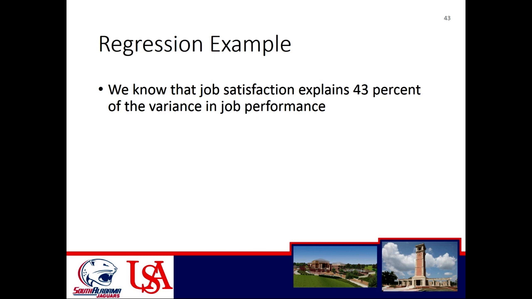So we know that there is a significant relationship between the two. And lastly, you know that job satisfaction explains 43% of the variance in job performance because of our final R-squared value. So those are the main pieces of information you should be able to obtain whenever you do a regression analysis. Those are the important things you should know, and those will be the things on the homework and the test.